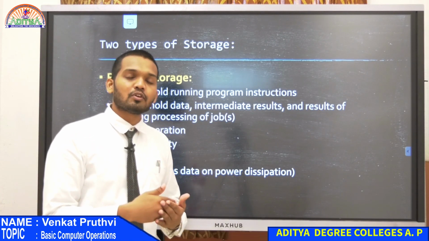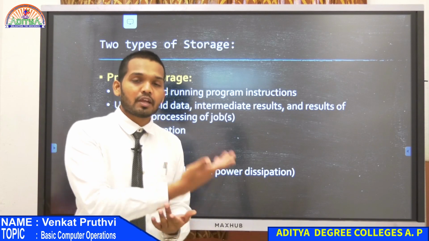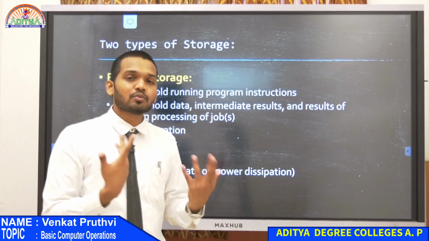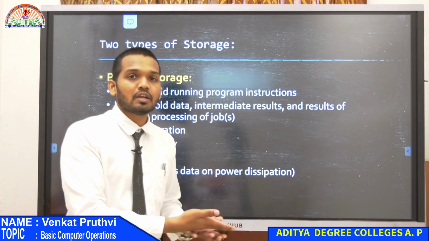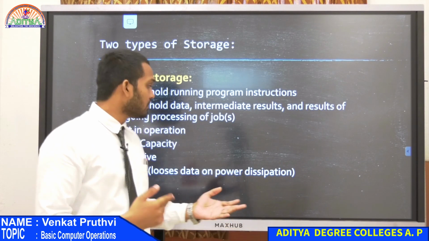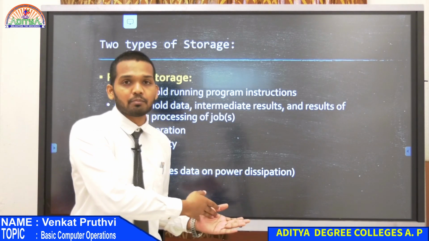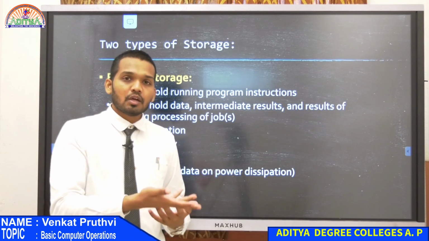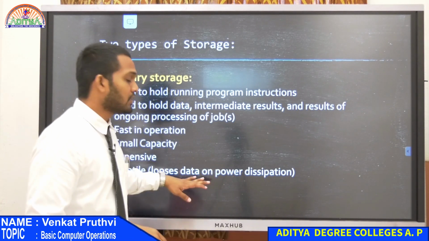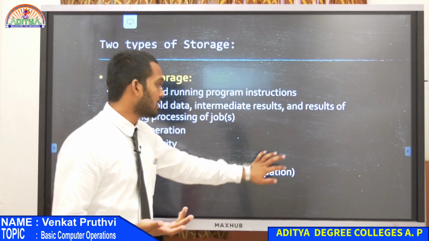If you don't have fuel in your vehicle and you would like to go for a drive, it won't be able to perform. The same way, if you don't have enough RAM on your computer, the CPU won't be able to perform the required operations for whatever programs need to be run.